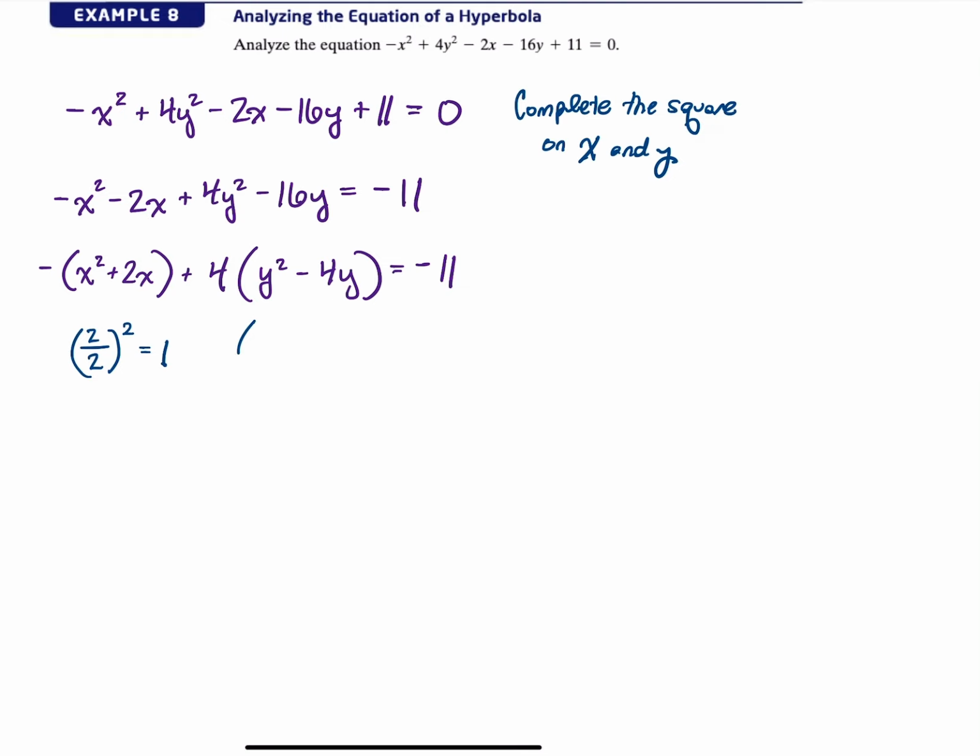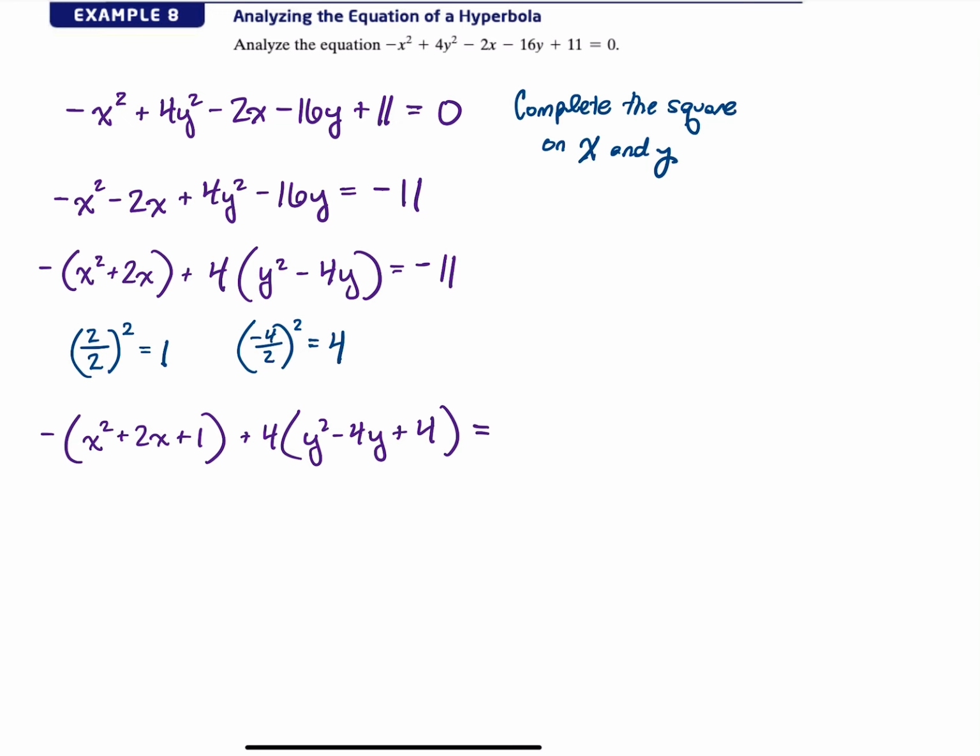So I'll take negative 4, divide it by 2, and then square it. That would give us negative 2 squared, which is positive 4. So let's add these in the parentheses. It should be x squared plus 2x plus 1. I'm going to add the positive 4 in with the y's.